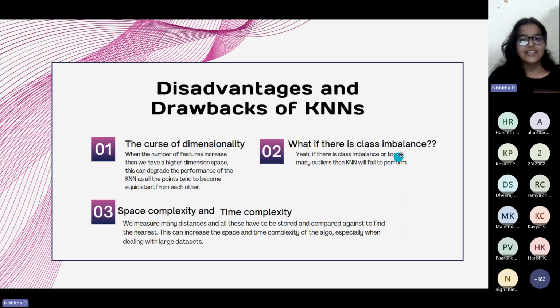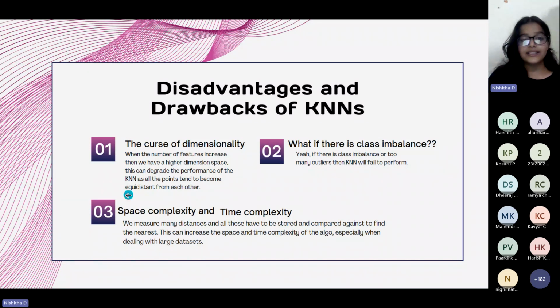So if there is a class imbalance, or too many outliers, KNN won't perform well. When one class is present in majority, it will tend to classify most of the test data points as belonging to that class. That's why when class imbalance is there, it won't perform well.